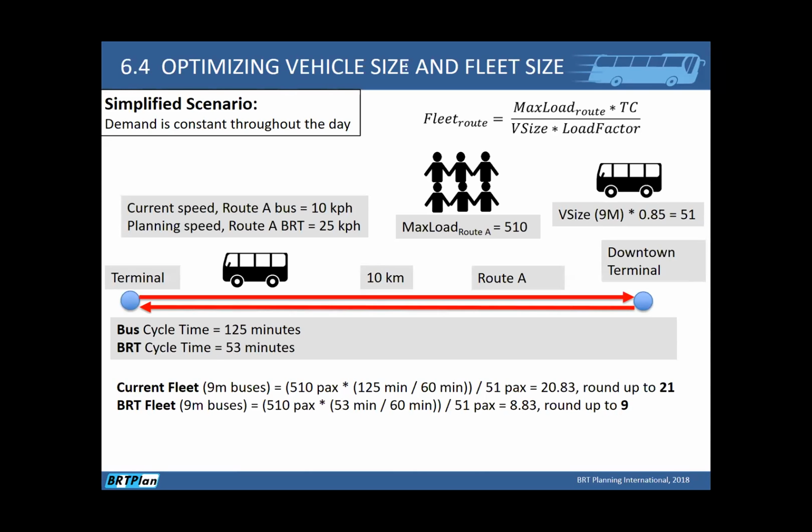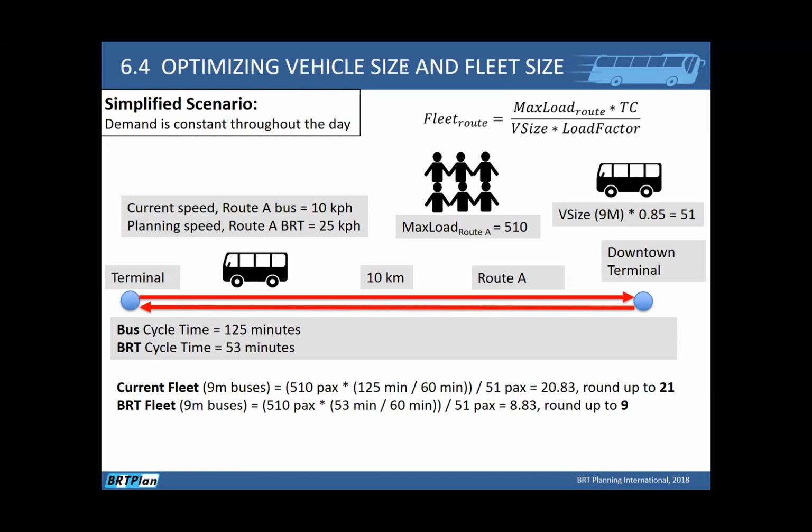So with that number, if you have a regular bus, let's say your current cycle time is going to be 125 minutes. With BRT, it's going to be 53 minutes. We know that if we use that formula, with the current type of bus and the current speeds, we're going to need 21 buses.